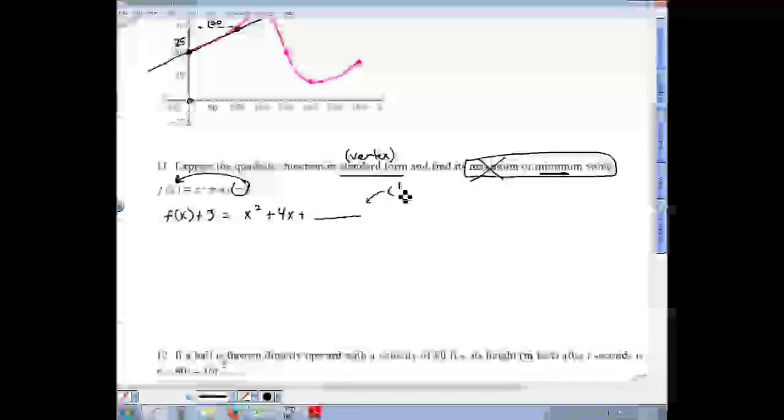The formula is half of the b value raised to the second power, where this is b right here. So half of 4 is 2, 2 squared is 4. So adding a value of 4 to the right side completes the square on the right side, but since this is an equation, whatever change you've made to the right side, you've got to make the same change to the left side.